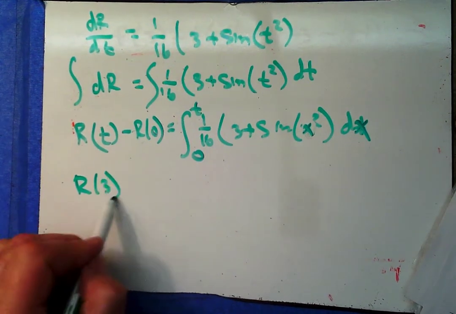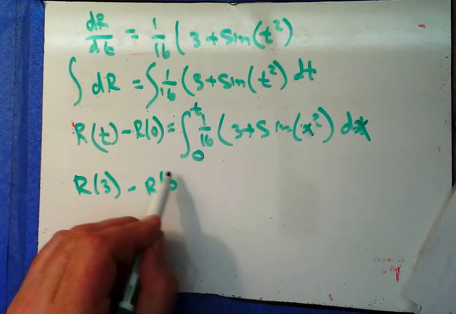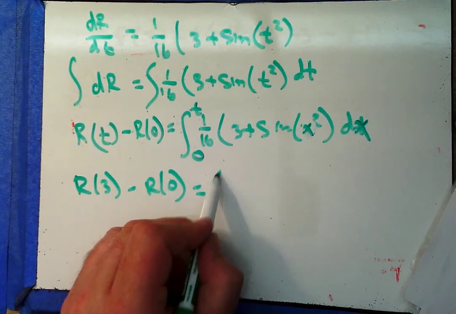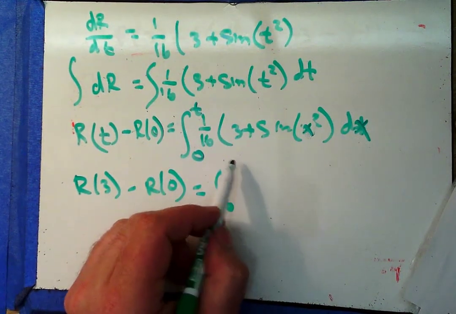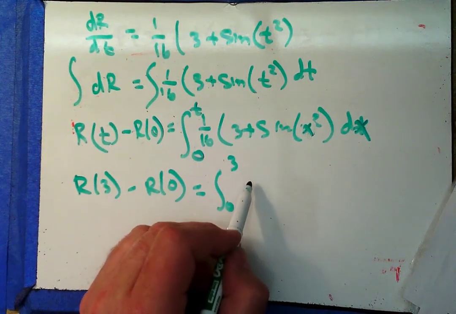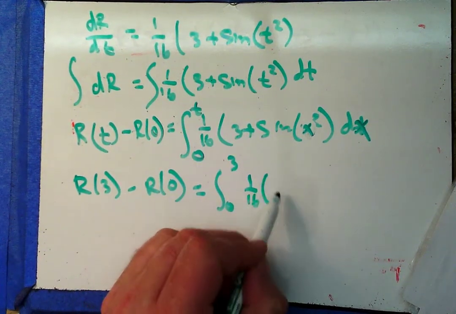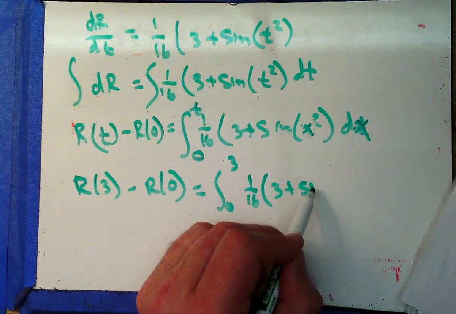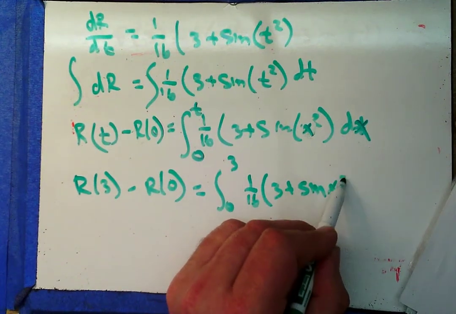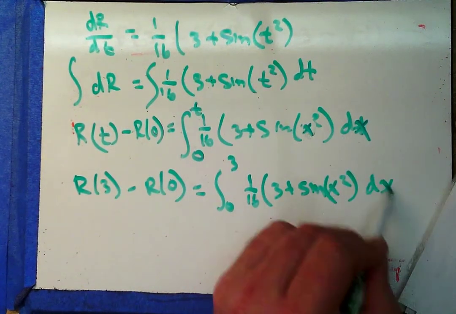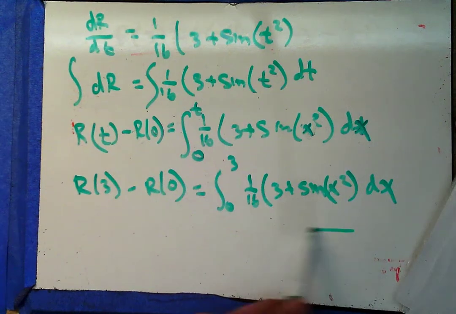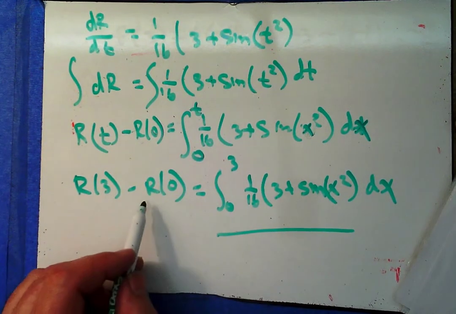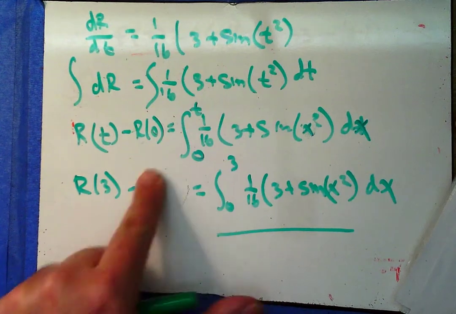So r of 3 minus r of 0 equals the integral from 0 to 3 of 1/16 times 3 plus sine x squared dx. So clearly I'm going to use my calculator on that. R of 0, they tell me in the stem of the problem, the radius at time equal to 0 is 6.